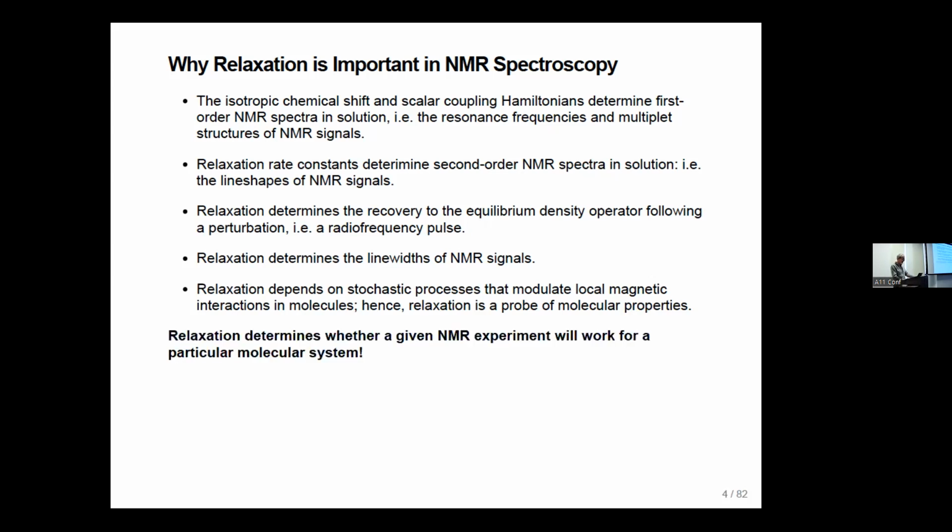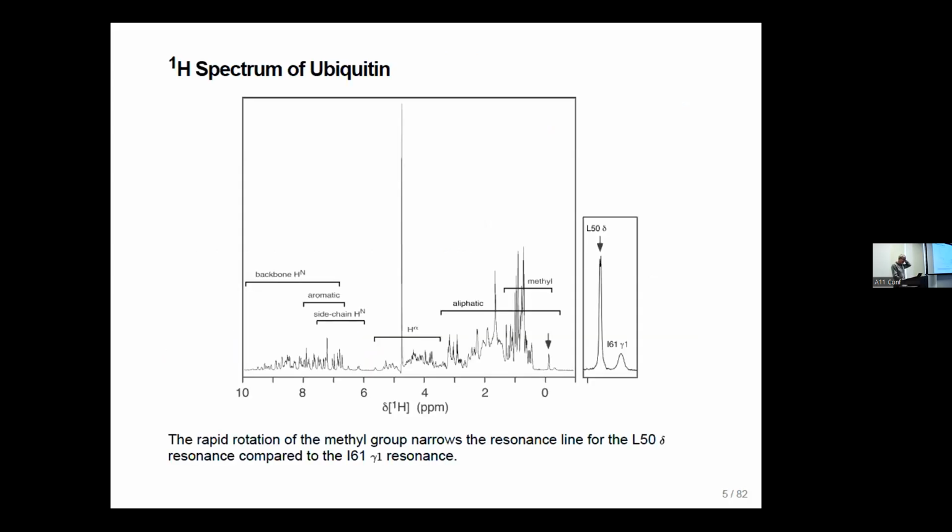And of course, if you're a graduate student trying to get out of graduate school, relaxation determines how fast you're going to get out of graduate school. If relaxation properties of your molecule are favorable, life is good, and if not, life is not so good.